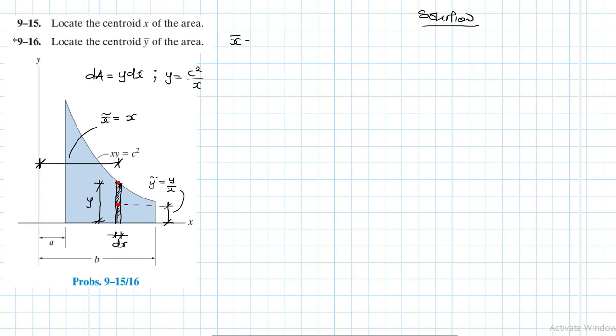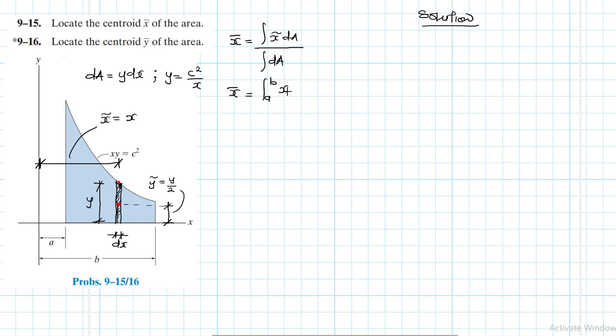So we know that we want to find x bar quickly. So x bar is going to be equal to the integral of x curled dA. This x curled is the centroid position of that small strip, all right, divided by the total area. And then our x bar therefore is going to be equal to the integral from a to b, and our x curled is just x.